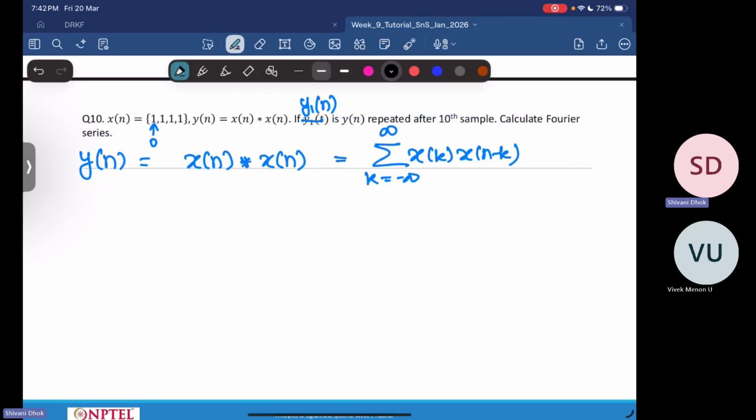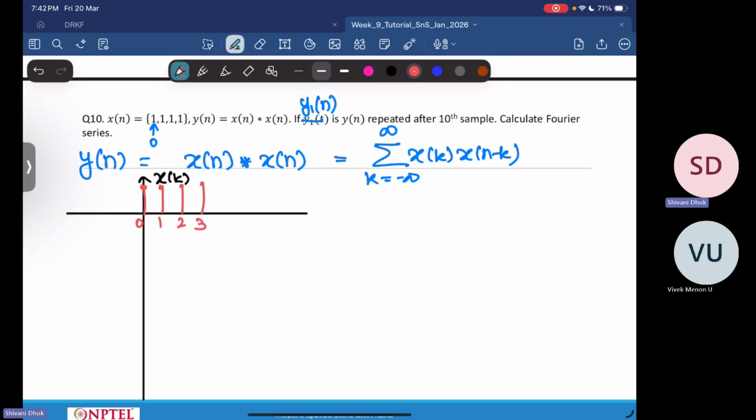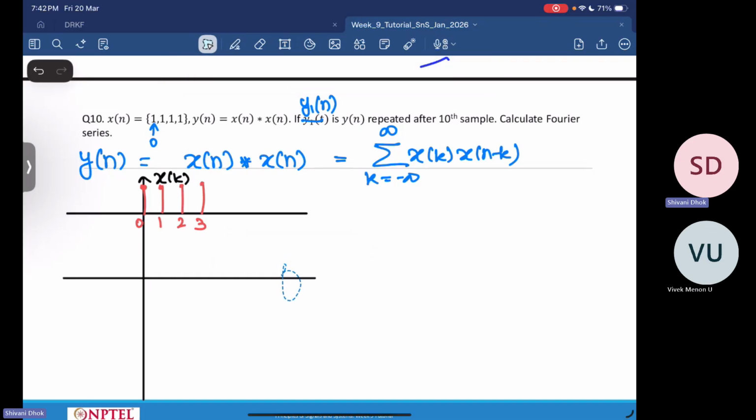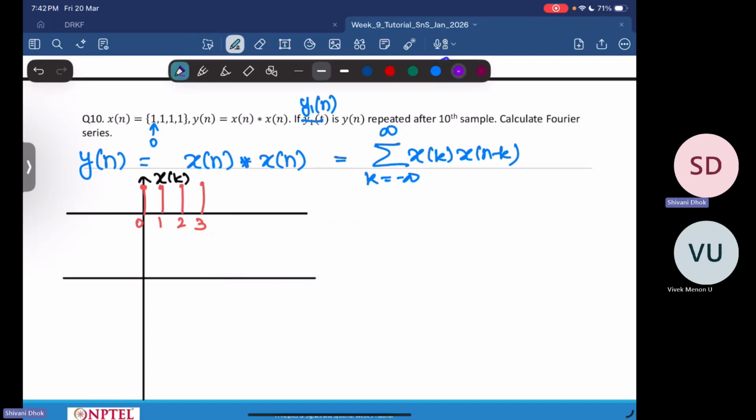So first of all, you have your x of k, that is 1 1 1 1, so 0 1 2 3, and then you will have your 0 minus 1 minus 2 minus 3.